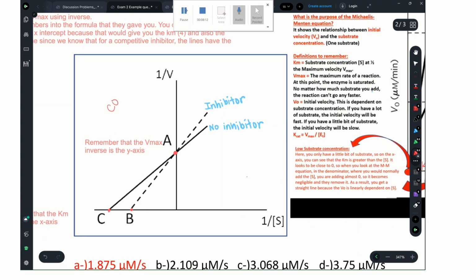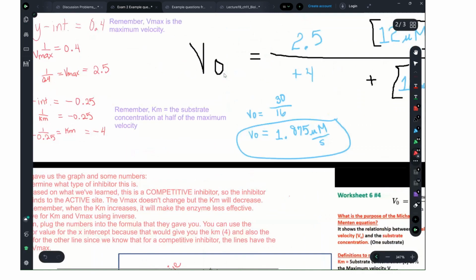So the fact that this is a competitive inhibitor means that they're going to have the same Vmax, but different Km values. So we just have to find one Vmax with the numbers that they gave us, and then we'll be able to solve this equation.